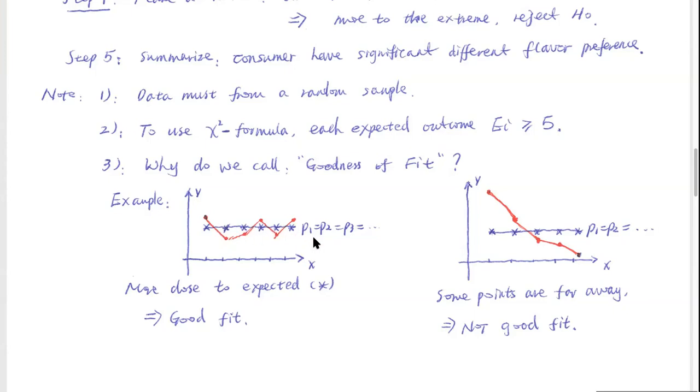That's a good fit. Now in the other case, out of those 5 groups, you find out that certain groups are extremely high and the other groups are extremely low. You can see that this fit is not good because it goes to the extreme side. It's not that equal side. So in that case, it's not a goodness of fit. Is that clear? That's the concept of what we mean by goodness of fit.